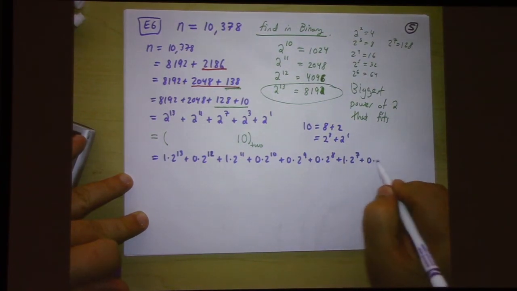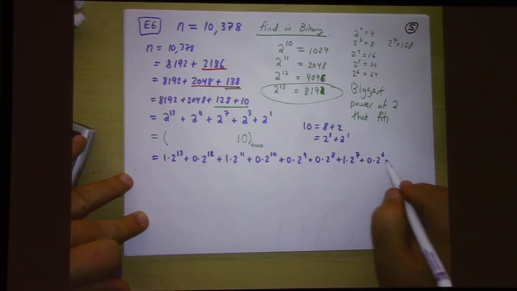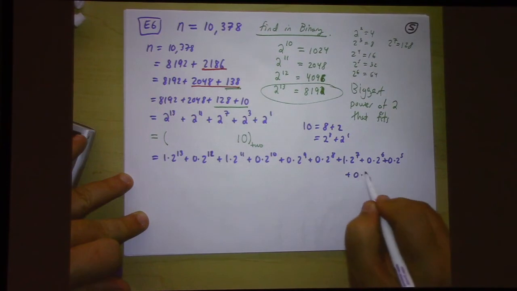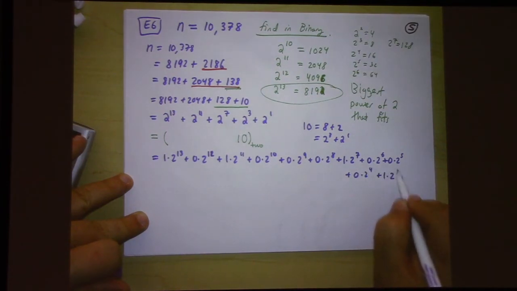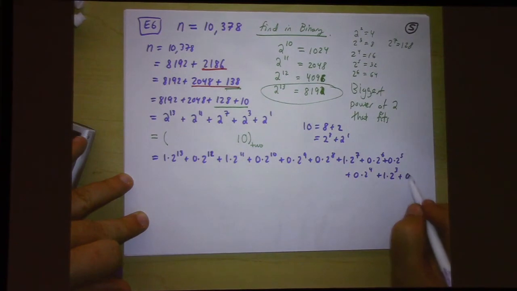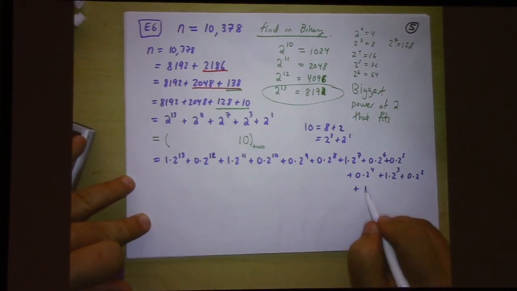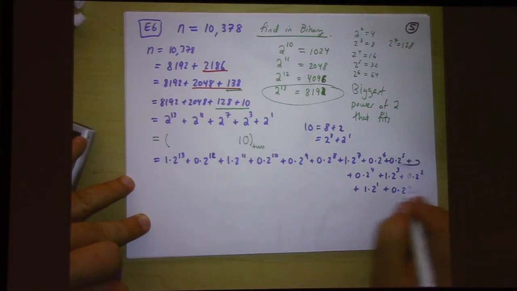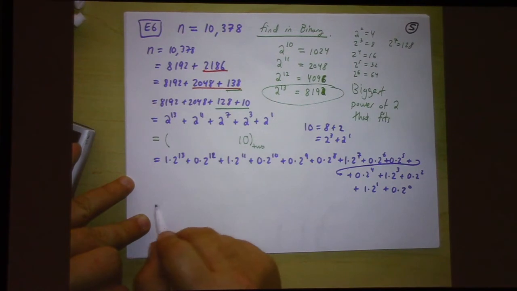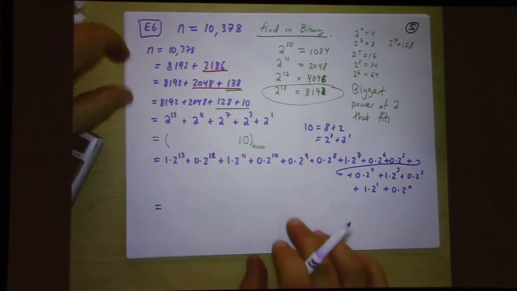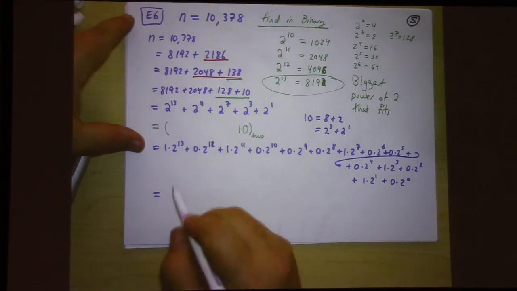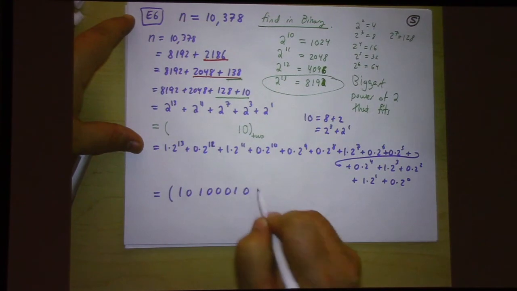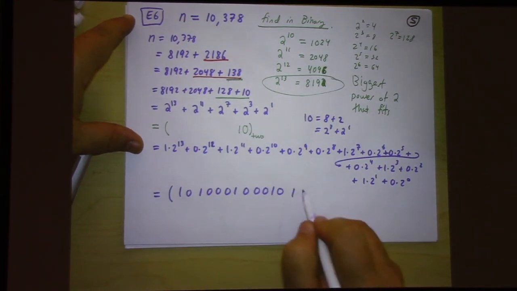Plus 0 times 2 to the 6th plus 0 times 2 to the 5th plus 0 times 2 to the 4th plus 1 times 2 cubed plus 0 times 2 squared plus 1 times 2 to the 1st power plus 0 times 2 to the 0 power. And that is why this number in binary is 1 0 1 0 0 0 1 0 0 0 1 0 1 0.